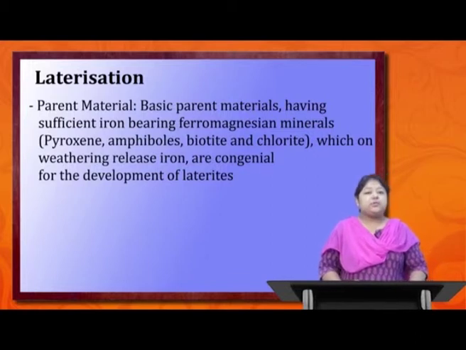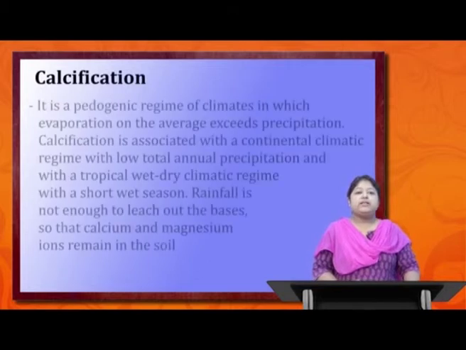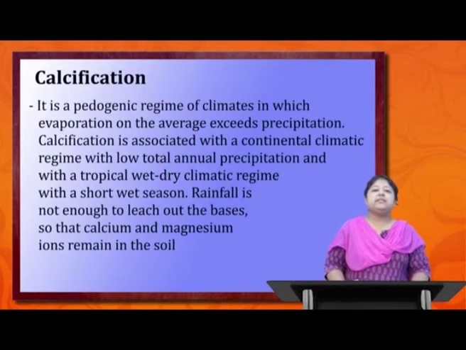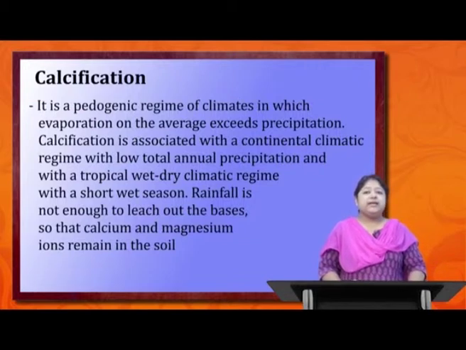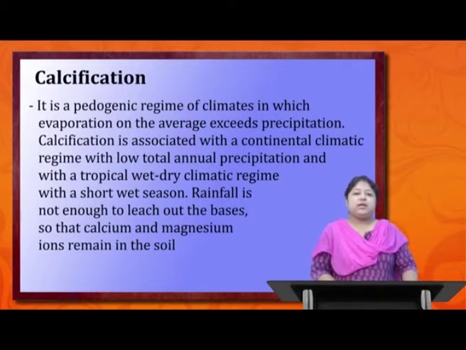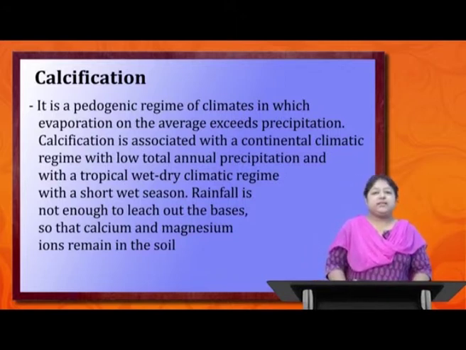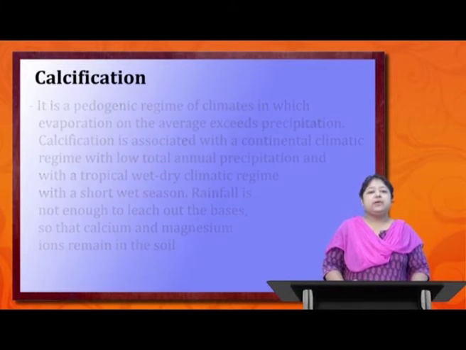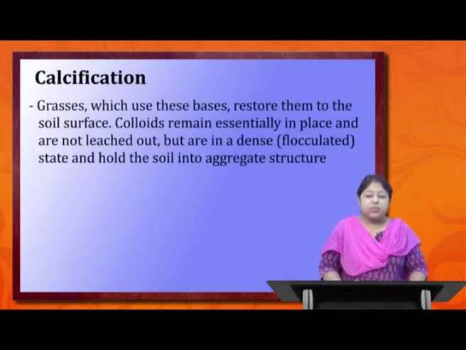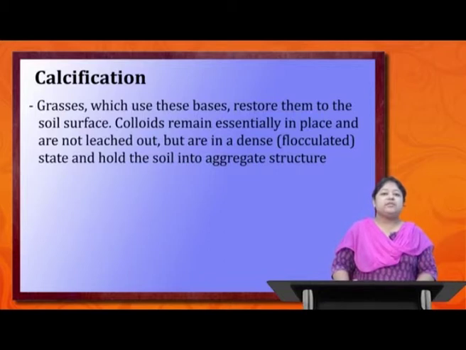Now, the last process that we'll be discussing is calcification. It is the pedogenic regime of climates in which evaporation, on average, exceeds precipitation. Calcification is associated with a continental climatic regime with low total annual precipitation and with a tropical wet-dry climate. And grasses which use these bases restore them to the soil surface.